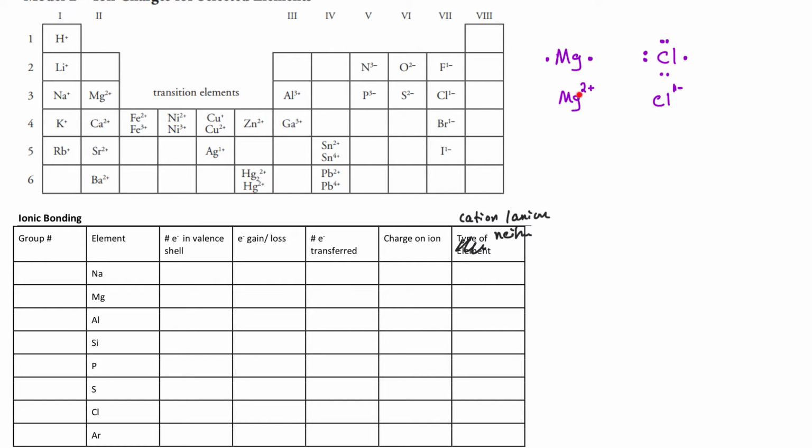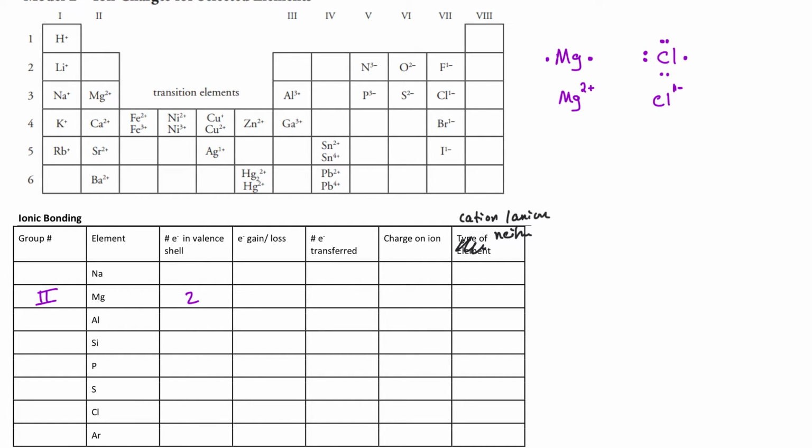And you can see that magnesium, let's actually start with magnesium. It is located in group 2, so we can label that as group 2. I'll use purple. The number of electrons in its valence shell, so that's 2. Electron gain or loss: is it gaining electrons or losing electrons?